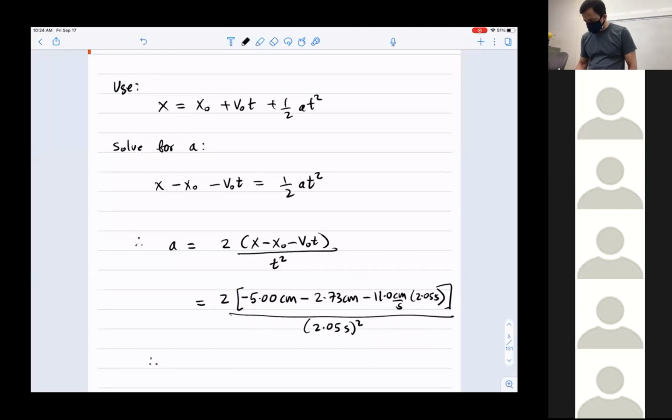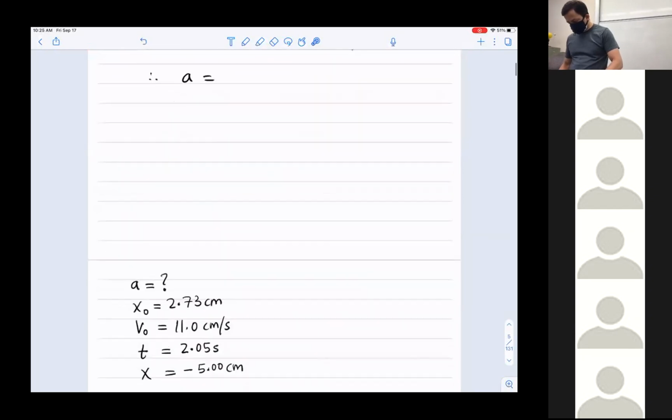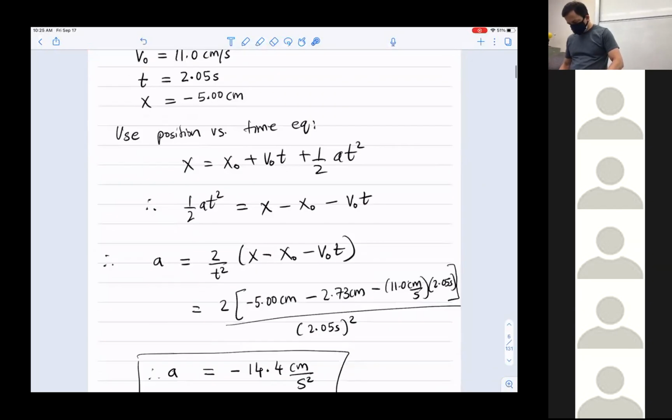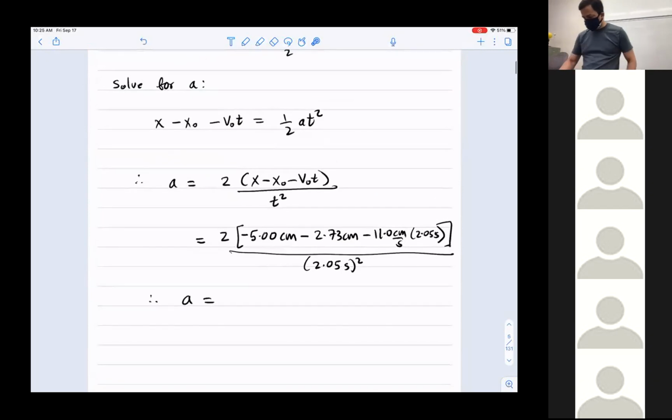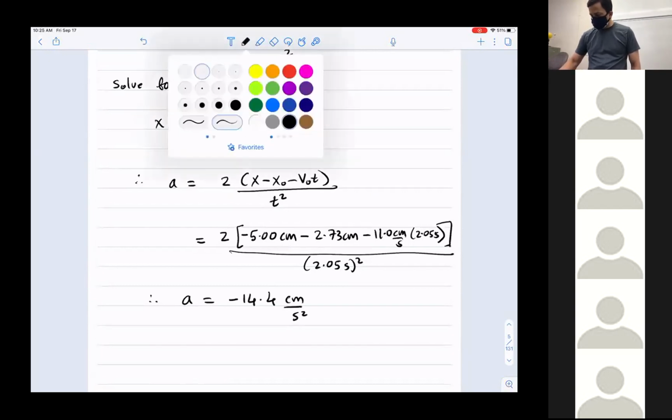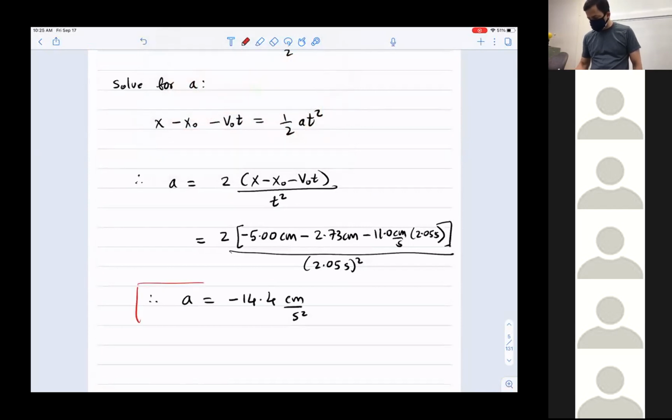If you work this out, notice the units here, it's centimeters, centimeters. The seconds here cancel. So this will also be in centimeters. And then you have something here in seconds squared. So the overall units will be centimeters per second squared, which are indeed the units of acceleration. Let me just look ahead and see what the answer here is. This came out to be minus 14.4 centimeters per second squared. And then we will go ahead and box the final answer.